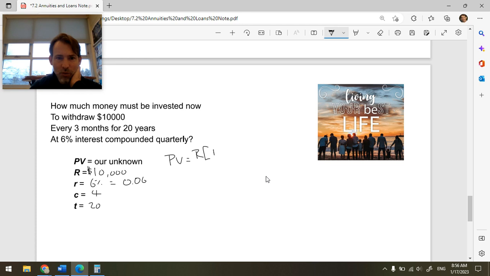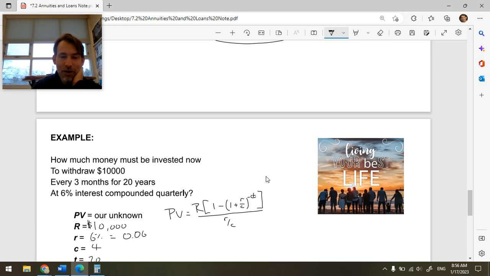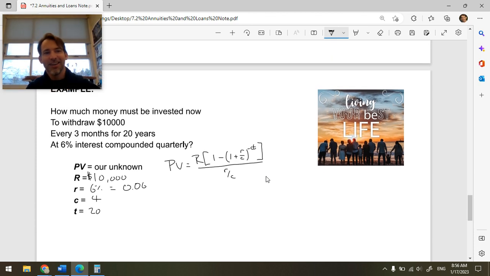Let's try my memory. 1 minus bracket 1 plus R over C to the negative CT, big bracket, all over R over C. Let's see if I got it right. I did! Whoa. Memory for the win. Short-term memory.